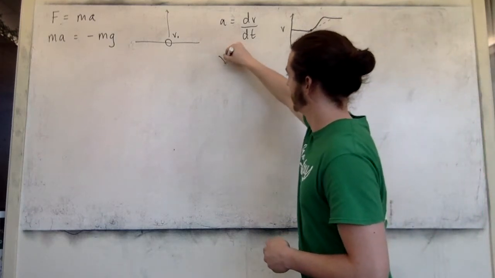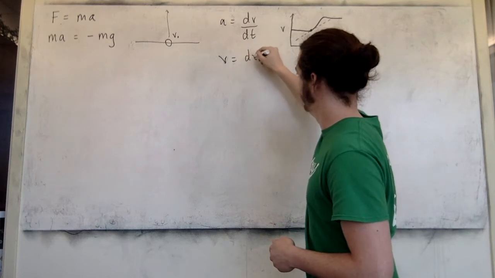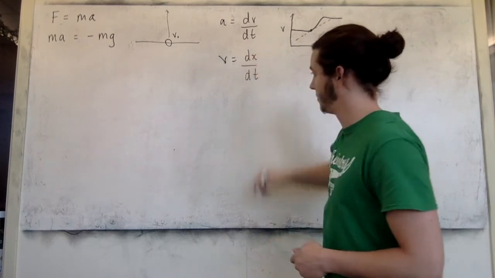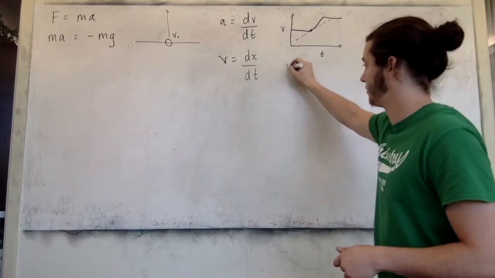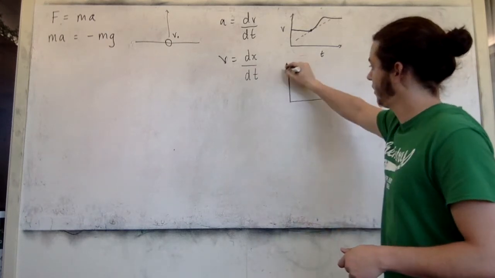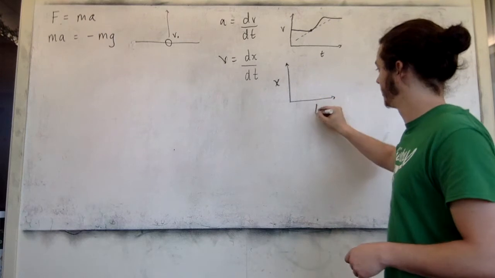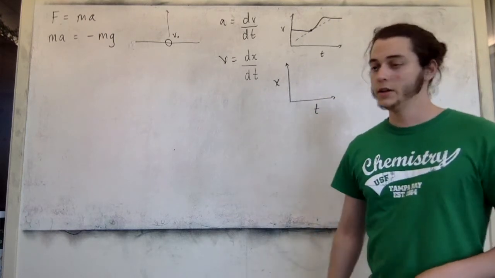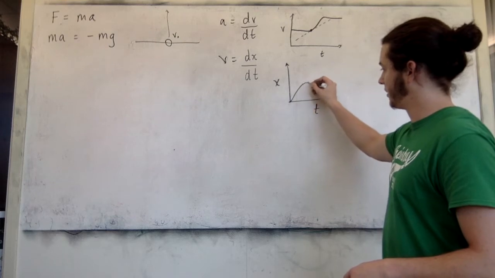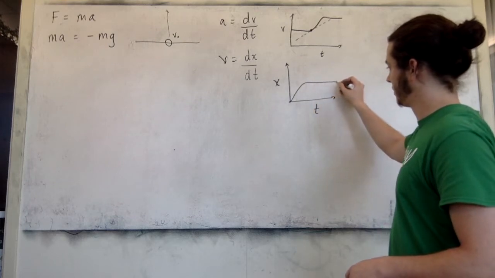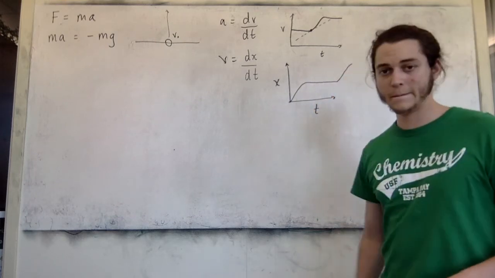Likewise, velocity is the way that position changes with respect to time. If you look now at where something is as a function of time, say it starts here and then it goes far away, and then it's in the same place, and then it goes farther away.